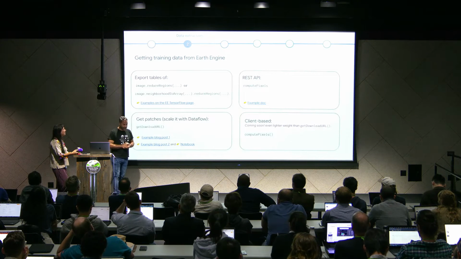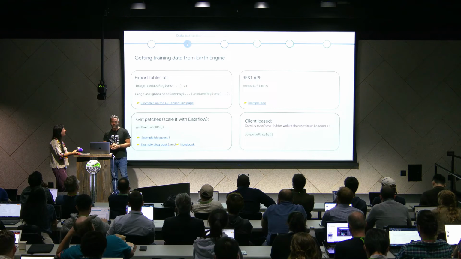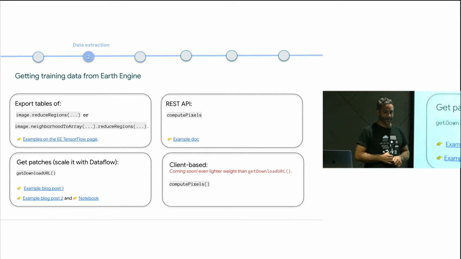Okay, step one, get your training data out of Earth Engine. Option one is you export tables. And there are lots of docs on that. See the TensorFlow page for more info. There's the REST API, so if you want to make calls directly to the REST API and just get blocks of pixels as NumPy arrays or JPEGs or whatever you want to do, you can do that.